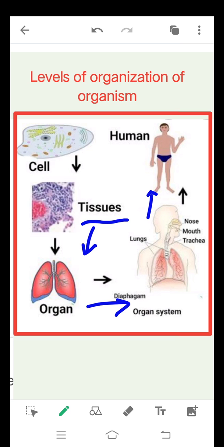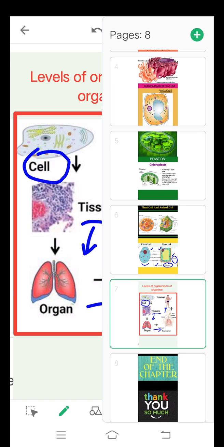So like this, the whole body of the organism passes through different levels of organization, which starts with the cell, then tissue, from tissue comes organ, organ forms organ system, and different organ systems together form the body of the organism, right? So that means here again it is clear that the whole body of the organism starts with a cell. Therefore, cell is very, very important.